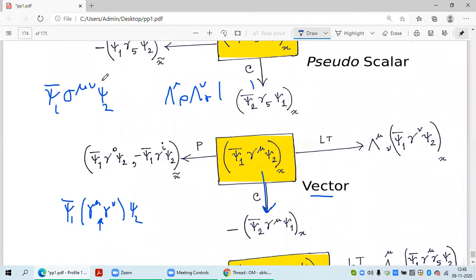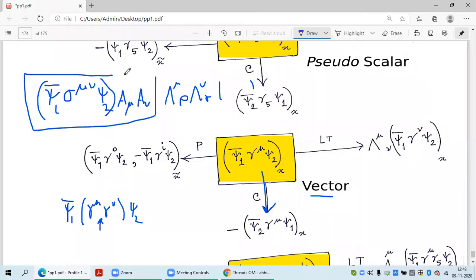It is a tensor, and therefore if it has to be in the interaction Lagrangian, it has to be multiplied by two kinds of vectors. Right now we have only one type of vector here, mu. So this is a Lorentz invariant term which can be a candidate for a Lorentz invariant Lagrangian. There is no harm in that. But there is no physical process which is represented by this Lagrangian.